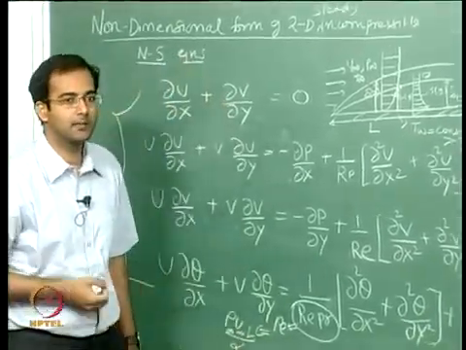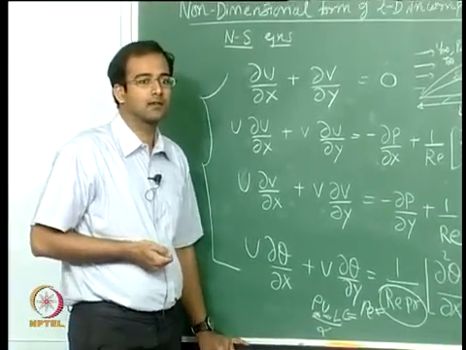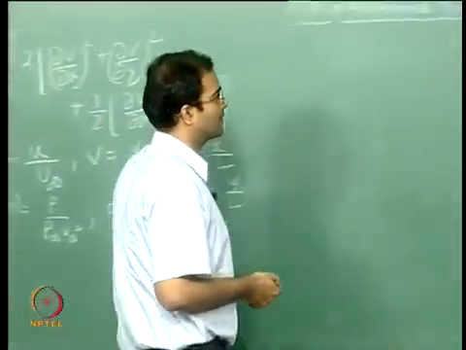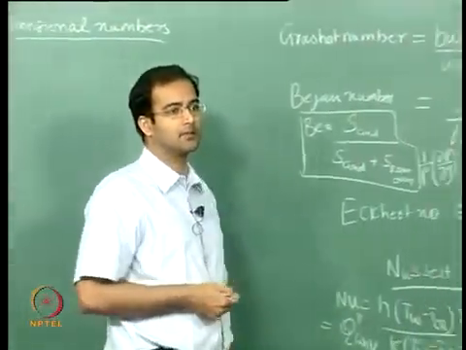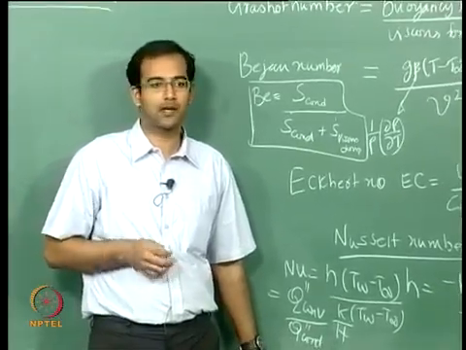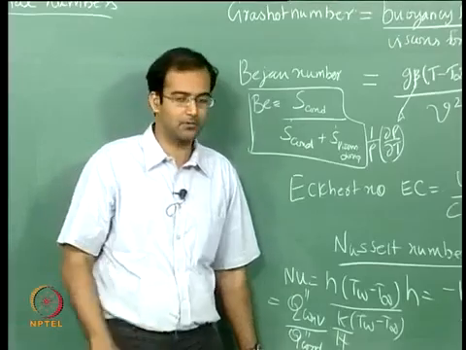Any other non-dimensional numbers? Rayleigh number. The Rayleigh number is basically nothing but your Grashof number times your Prandtl number. So these are the basic non-dimensional numbers. You can of course group them together and give a different name to that.